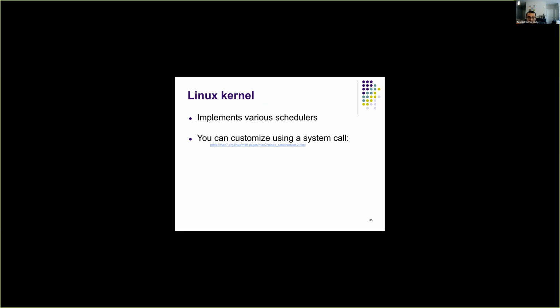So let's look at a real operating system. In the Linux kernel, there is no one scheduler that is used. Although I think now the Linux kernel uses priority scheduling, which we'll be looking into in the next class.